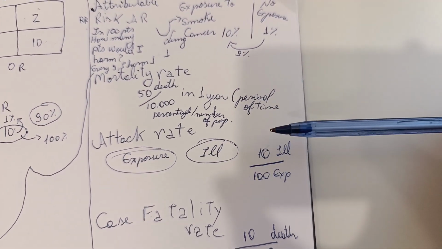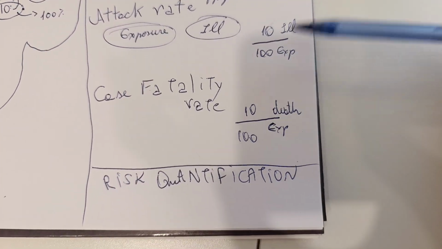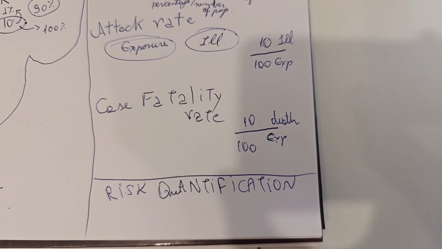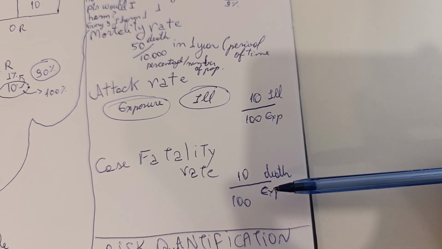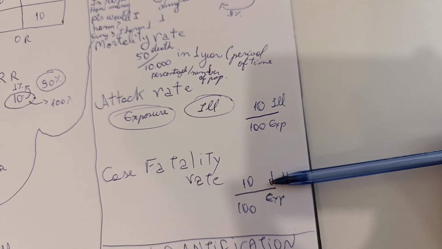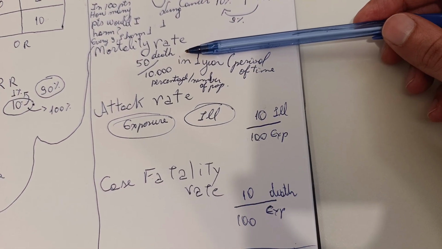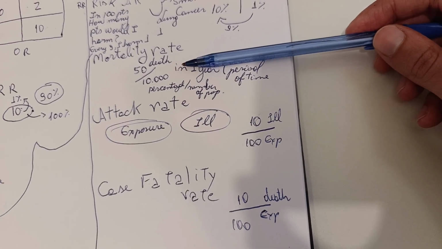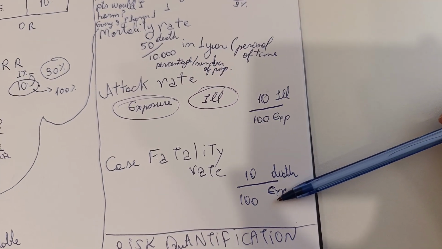So attack rate is ill over exposure. And the case fatality is a little bit different, but the same concept applies. So out of exposure, the deaths. So it's like mortality rate, but in this case, it's just the sick people, and this is exposure.